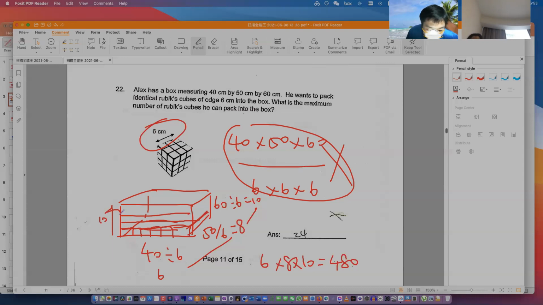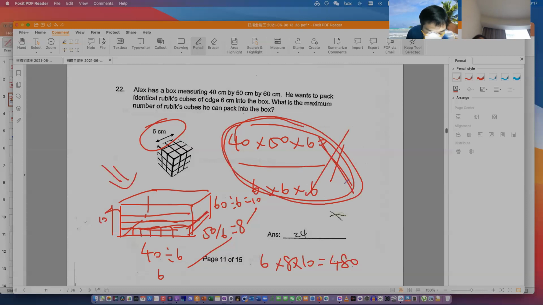Once you sketch this out, you realize you're not supposed to add them up. You're supposed to times them. So never use this anymore.